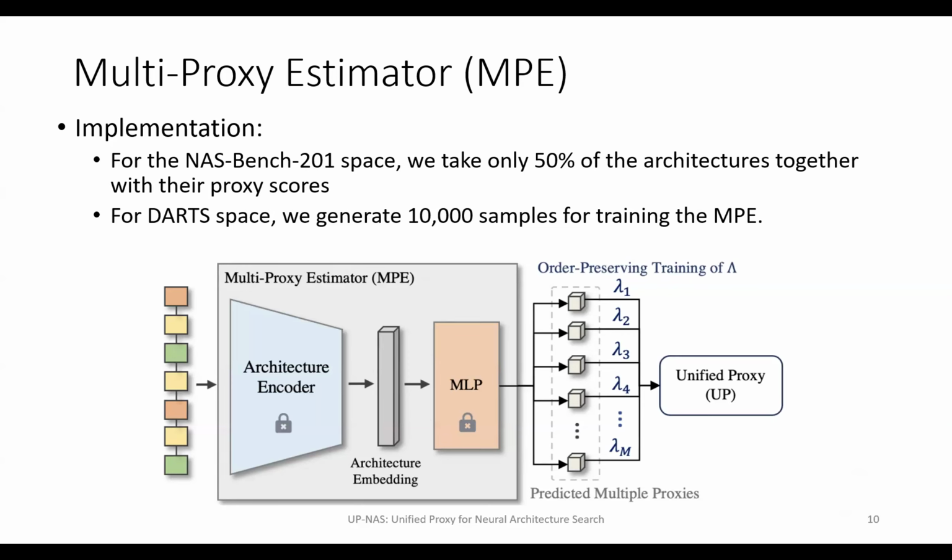And here we also have how to linearly combine the zero cost proxies. As we have mentioned, we provide fixed weights lambda 1 to lambda m to combine the m zero cost proxies we used. How do we find these m parameters?